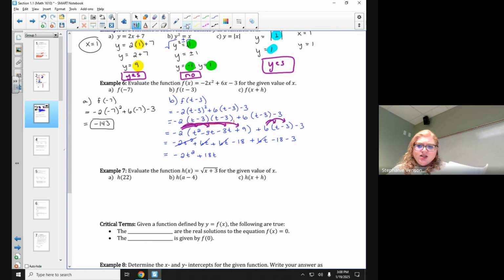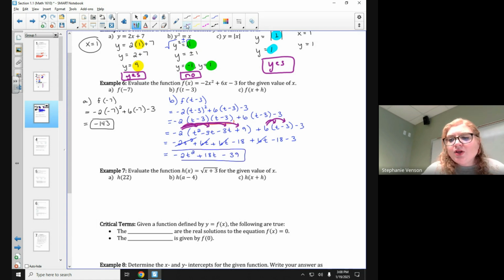And then negative 18, and negative 3 is negative 39. And that is as simple as I can get. So the answer to part B, when I plug in t minus 3 and simplify, is negative 2t squared plus 18t minus 39.